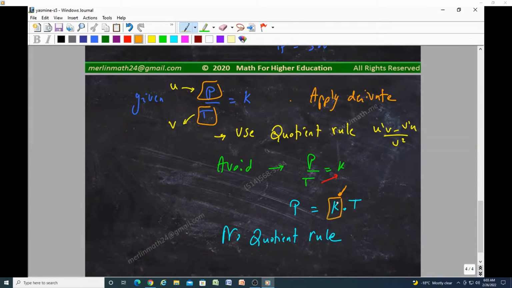Now maybe this is the first time you see this type of questions, but this is how it goes. Do you have any questions so far? So I want to say no quotient rule, no product rule, which is direct derivative and which is so easy. Now students who are not aware of this process would take much more time. They would fall in mistakes because the way you write the derivative is not easy at all.